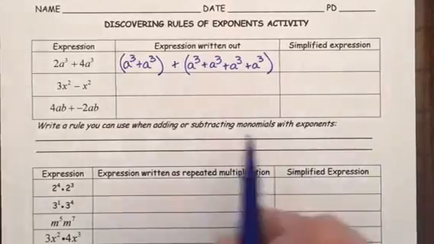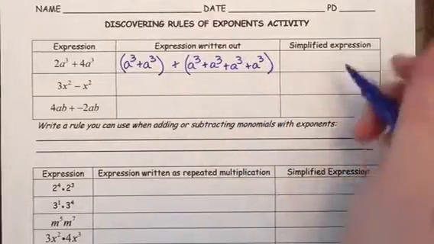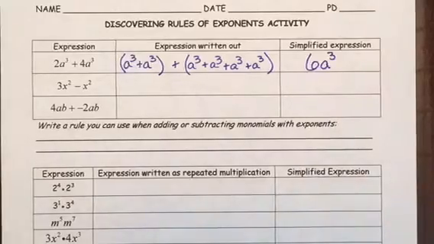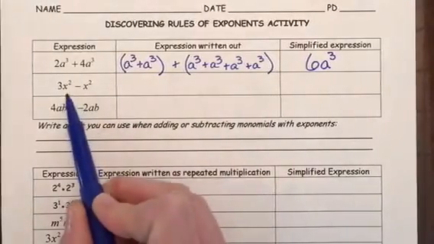So you can see we have a total of 1, 2, 3, 4, 5, 6 a cubes. So our simplified expression would be 6a cubed. You guys have been doing this in September, so hopefully this isn't too scary for you. So let's look at the next one.